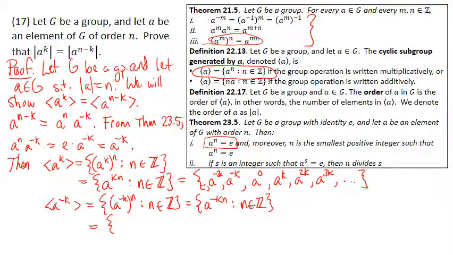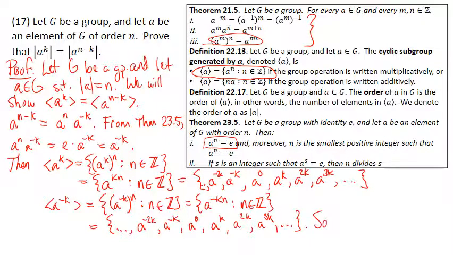So it's just every multiple of negative k, but since those multiples themselves can be either negative or positive, the multiples of negative k are the same as the multiples of k, all right? So you're going to get exactly the same thing. You're just going to get a to the negative 2k, a to the negative k, a to the 0, a to the k, a to the 2k, a to the 3k, and so on and so forth.